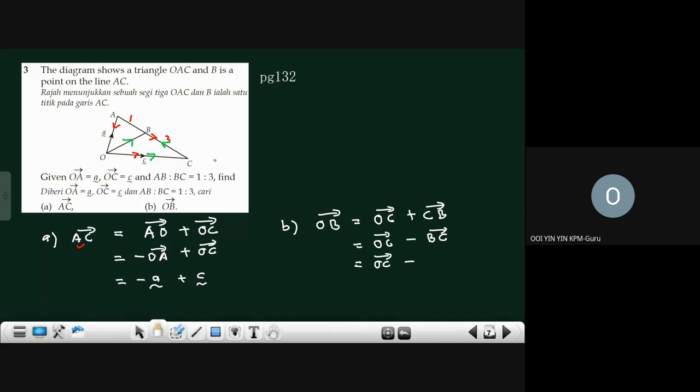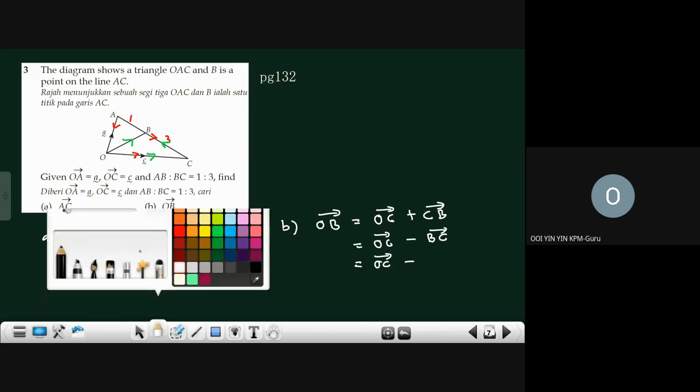We don't have the figure for BC yet, right? Just now what we found is A to C, the whole line from A to C. We don't have this part, BC. So to find the part BC, you see the ratio here. BC is portion 3, and overall is 4.